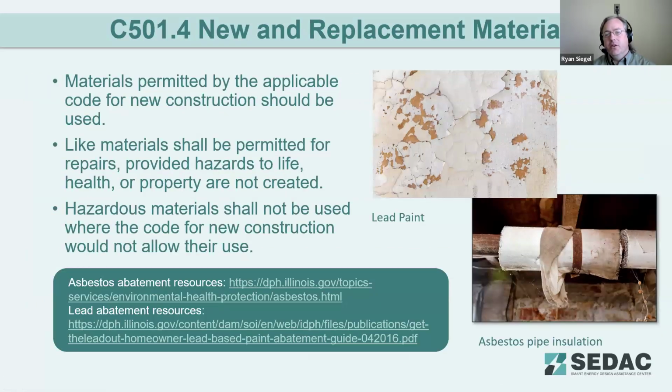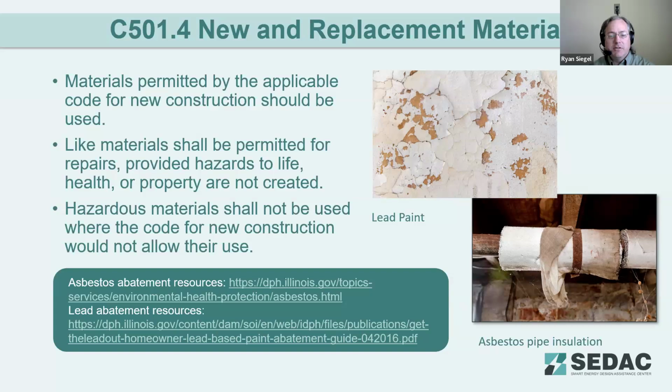Code calls out that new and replacement materials should be used as far as if it's new construction. So you are allowed to reuse and repair with the existing type of materials as long as they are not going to provide a hazard to life or health. Some of these would be things like, as shown here, lead paint or asbestos pipe insulation.